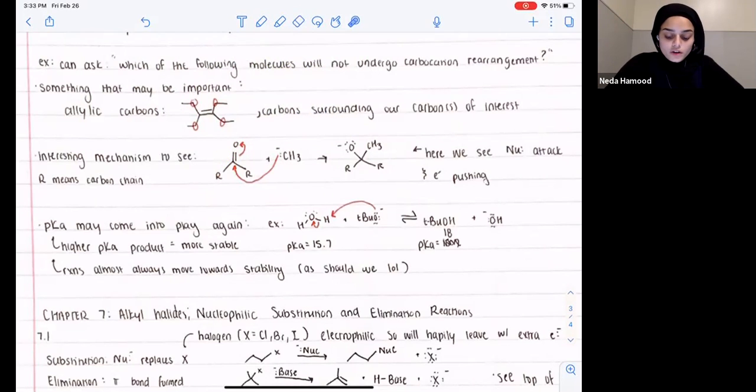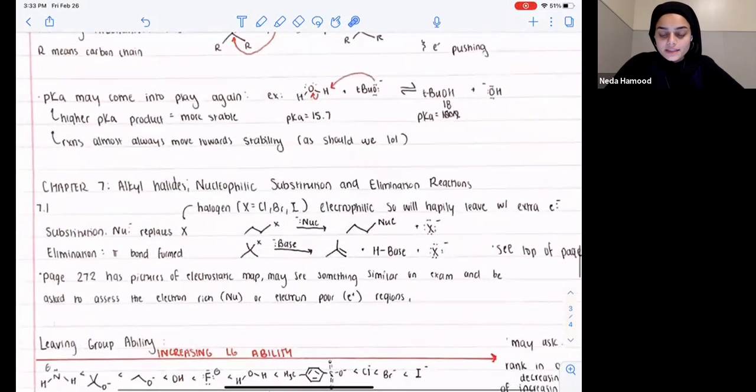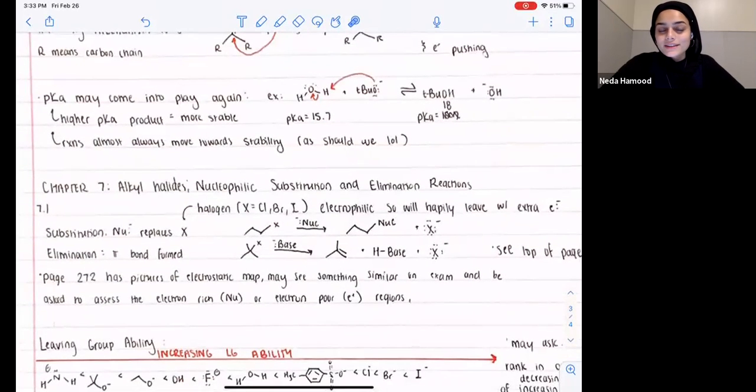So then over here, I know you guys are probably like, oh, I just got done learning all the pKa values, where Neda was like, memorize those pKa values. I wouldn't memorize them again, but it's important to note that a lot of these reactions are going to move towards stability, which is why we generally don't see endothermic reactions.